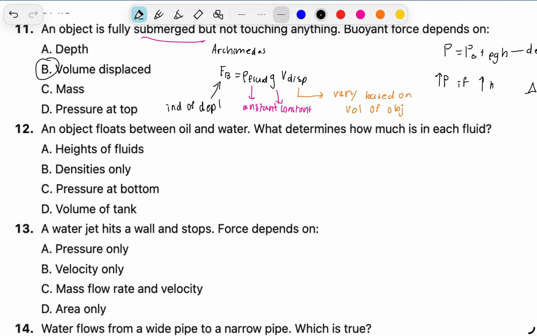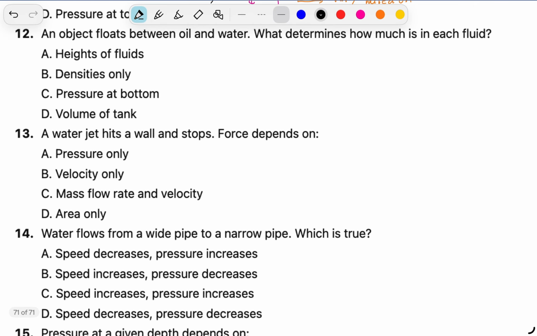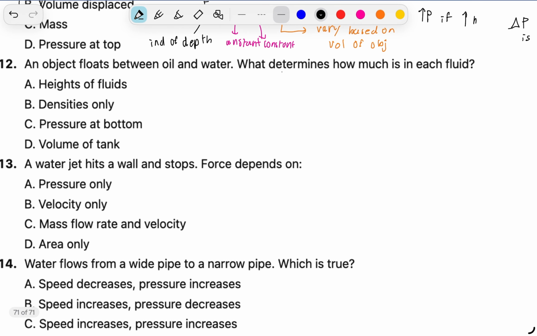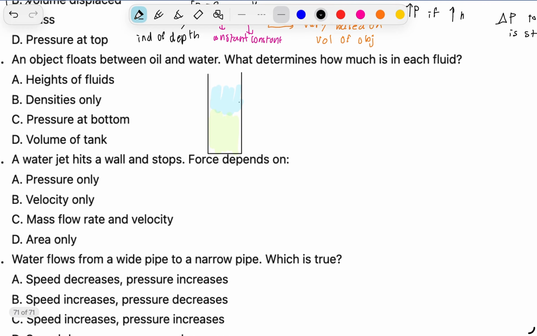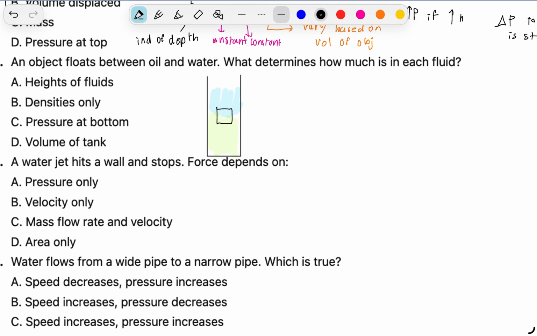Now, an object floats between oil and water. What determines how much of the object is in each fluid? So we have our case here, floating between oil and water. Say we have our oil down here and our water up here, and it's teetering right now.